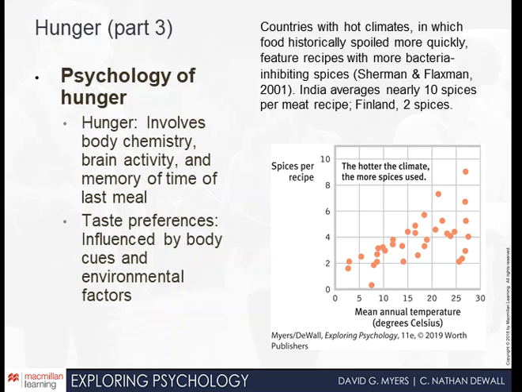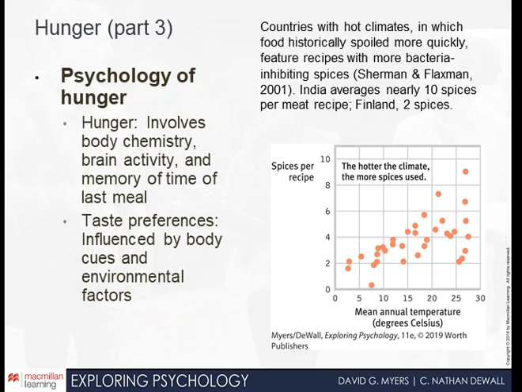Now, looking at the psychology of hunger a little bit more deeply here, we have body chemistry and brain activity, okay? But psychology plays a significant role as well. So it involves the body chemistry, brain activity, and the memory of the last time you had a meal.